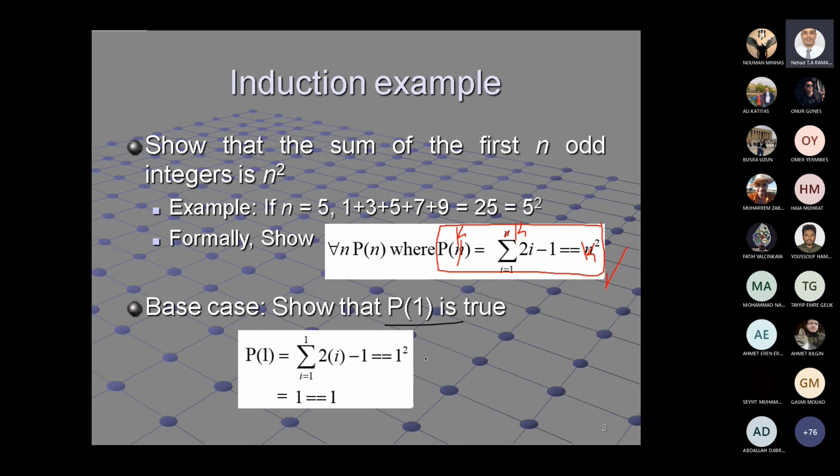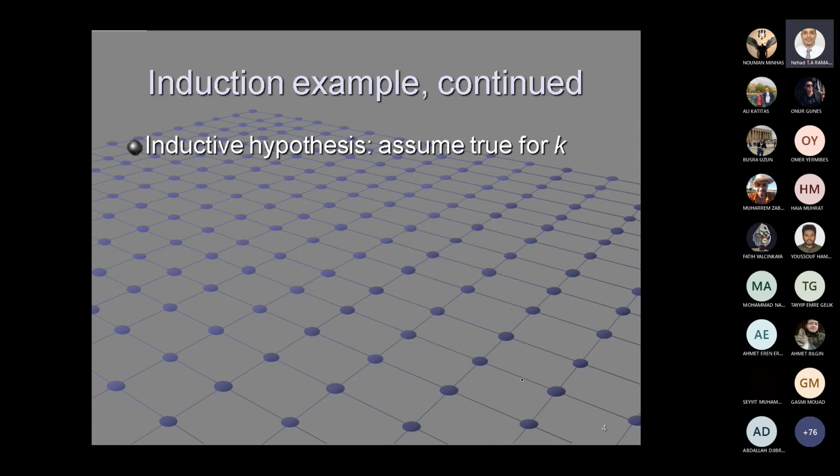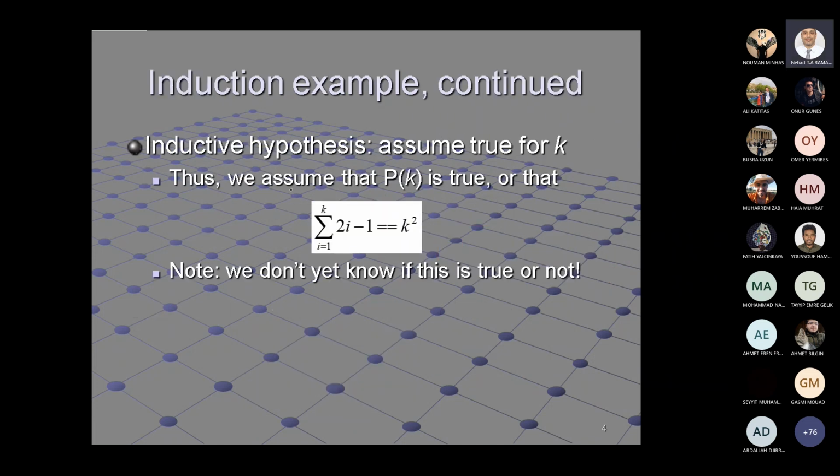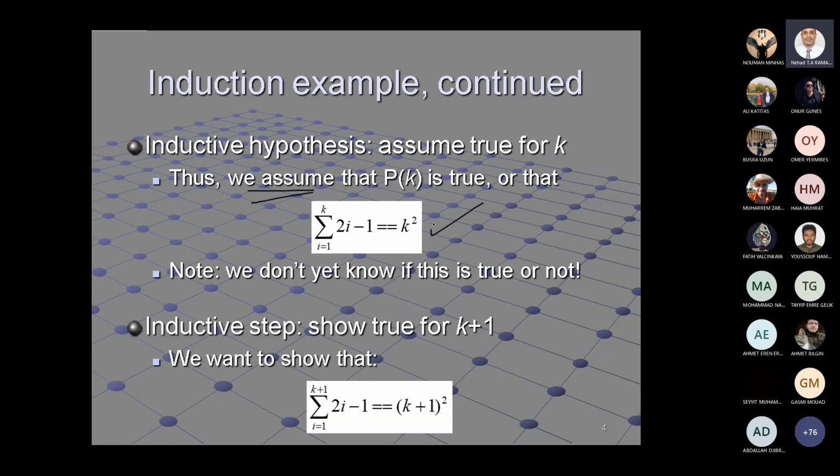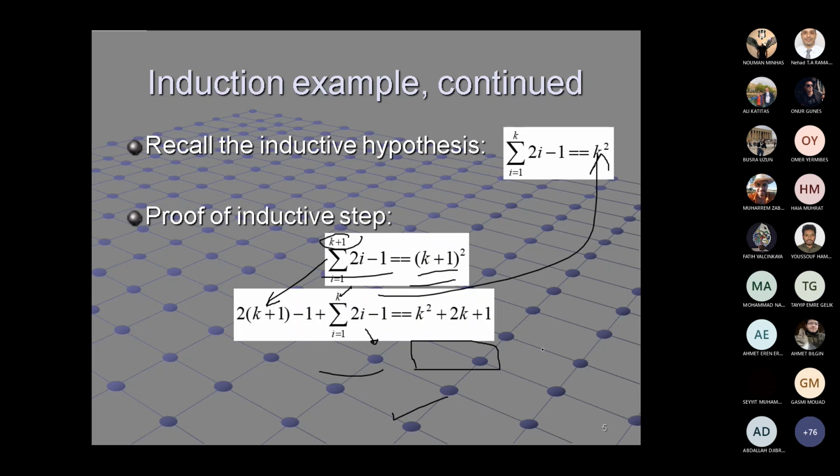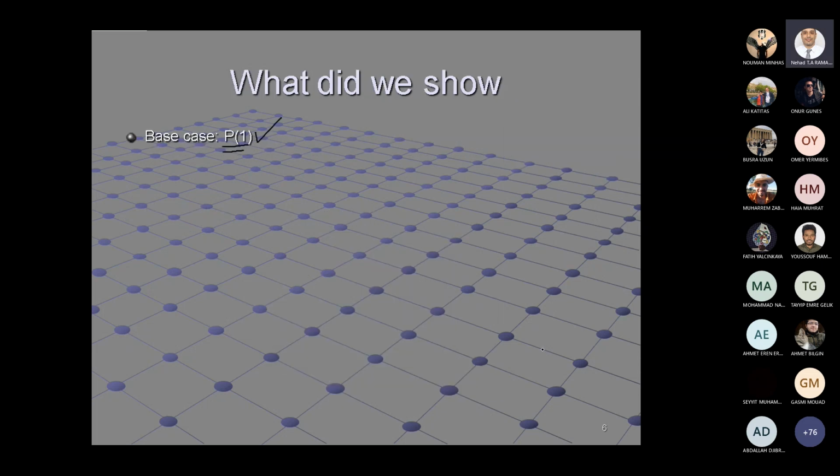So we get that it is true for P1, yes? Then the second step, we assume ourselves that it's correct here. Then we prove using this that for k plus 1, it's true. So how come it's true? Like this. We show it for p plus 1. Yes, this is the base case. Then for pk, we assume that it's true.